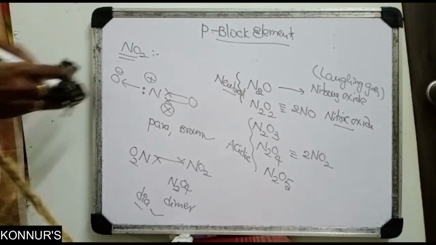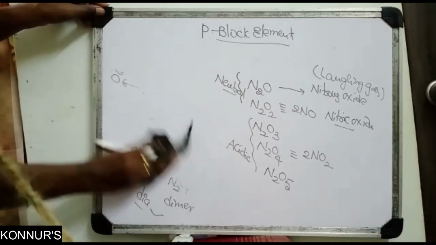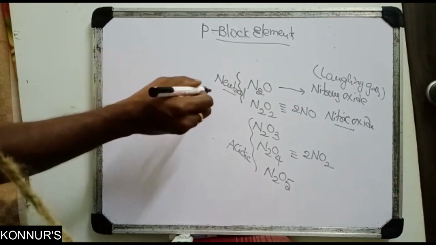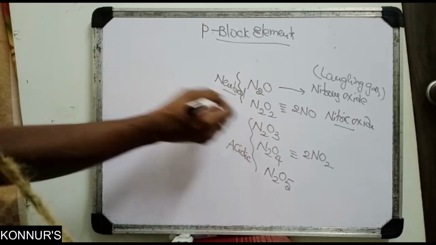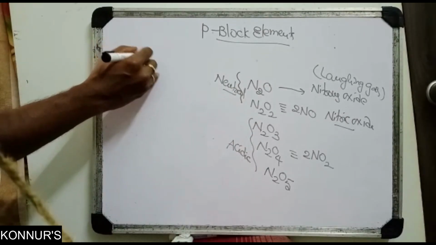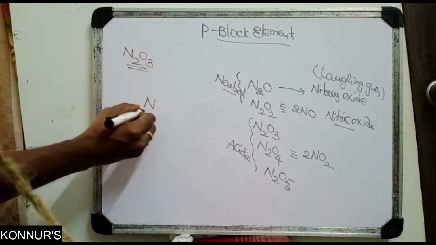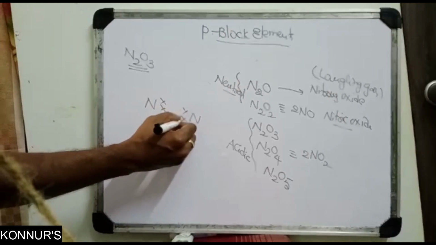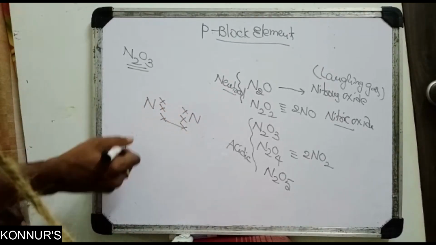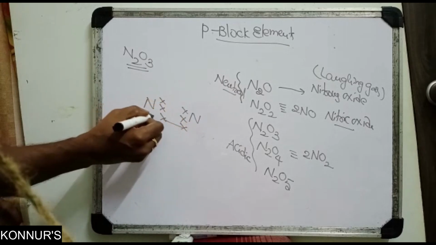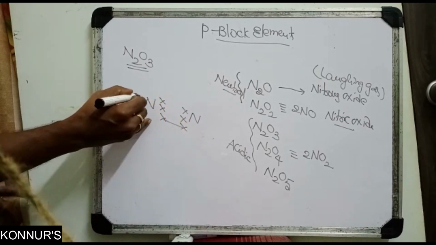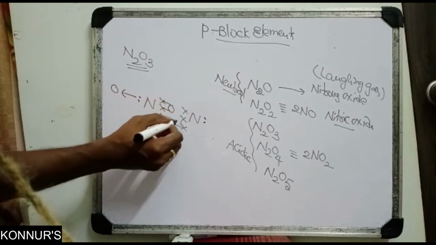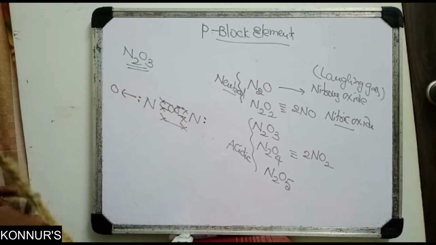Next, N2O5. But first, N2O3 we have not discussed, so you take N2O3. You take two nitrogens, with one oxygen given, one oxygen combining here, another oxygen combining.